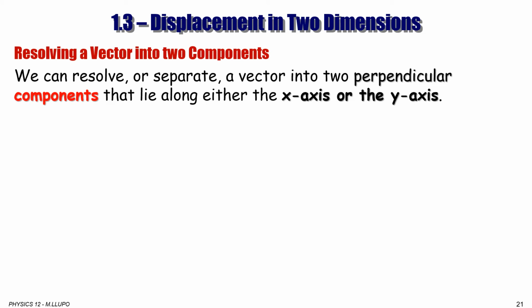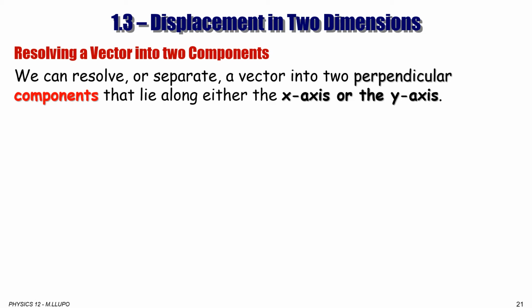We're going to start to learn about resolving a vector into components. We can use different words for that: resolve, split, separate. It's the same thing. We can resolve a vector into components that must be perpendicular to each other, and they lie along either the x-axis or y-axis, and the names of those components are taken from those two axes.